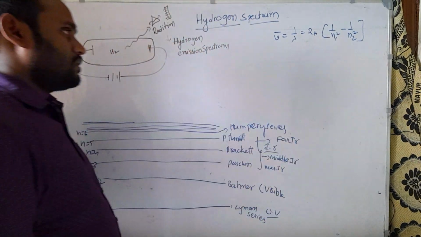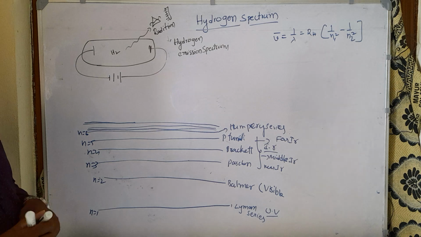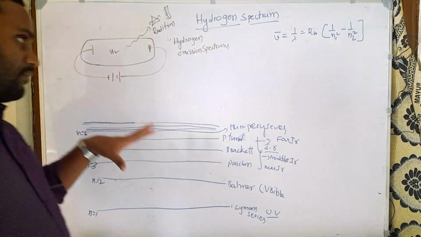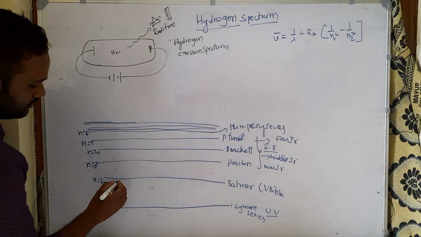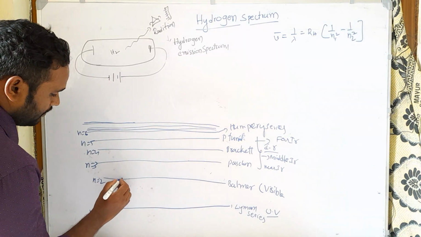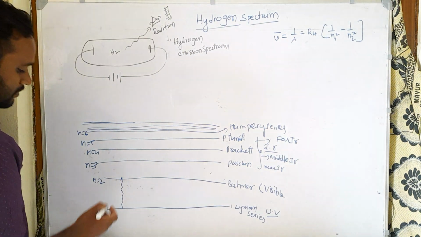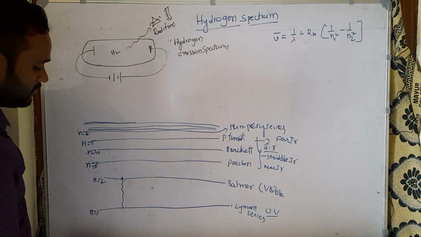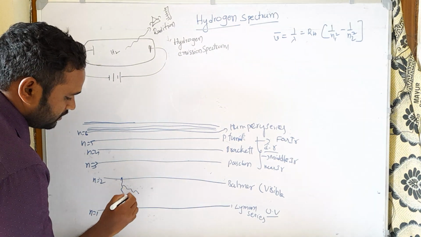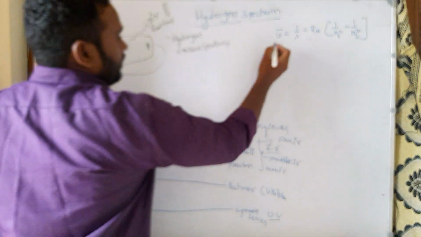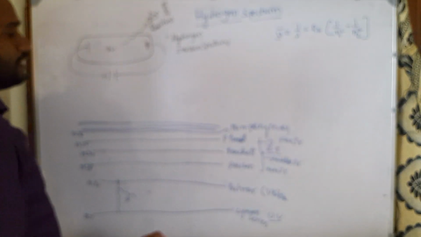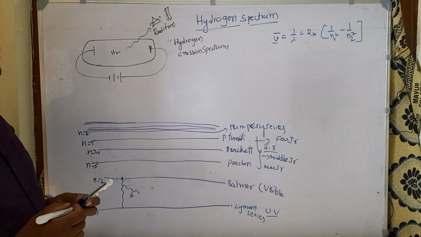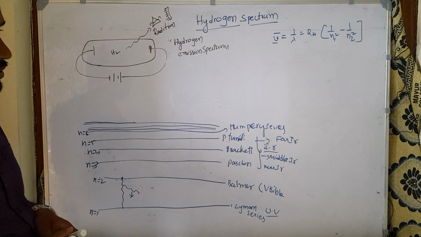By using this equation, we calculate the wavelength or wave number of particular frequencies. When the electron comes from the Balmer series to the Lyman series, it emits some radiation, and for this radiation he calculated the wave number using this equation.